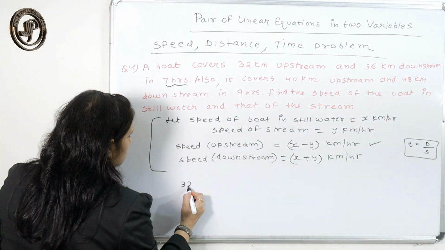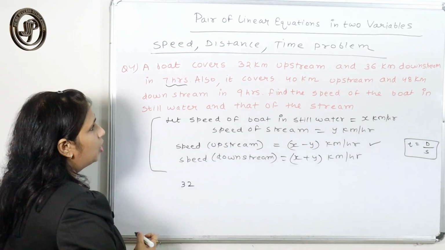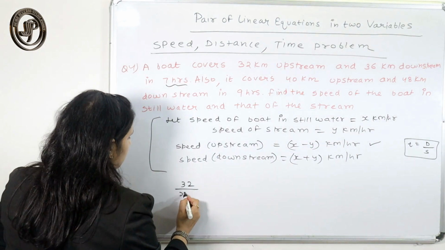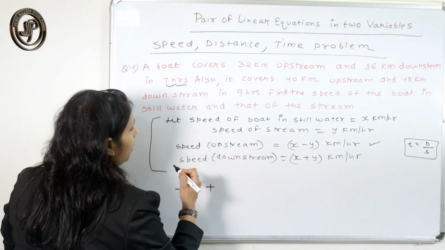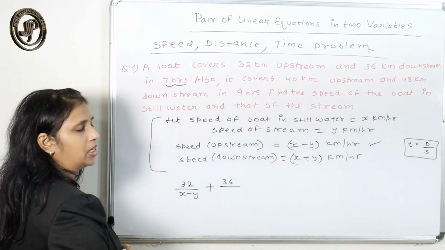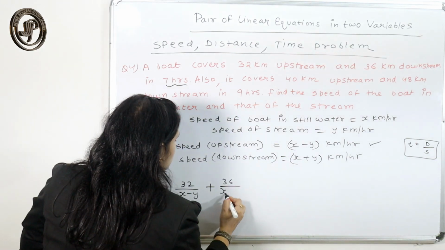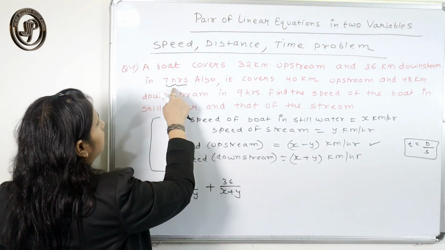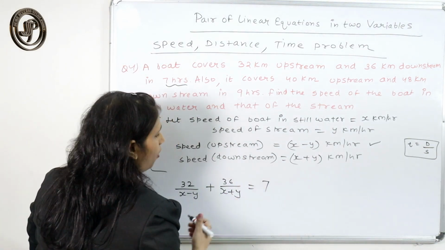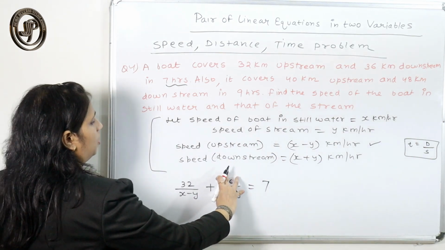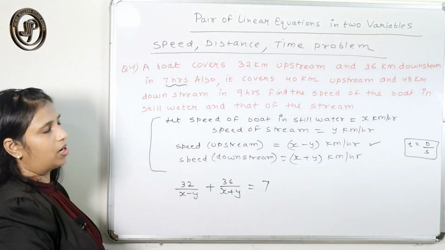Distance in upstream 32, speed in upstream x minus y, plus distance covered in downstream 36, speed of the downstream x plus y, and they both together cover it in 7 hours. So the boat covers this upstream and this downstream in 7 hours.